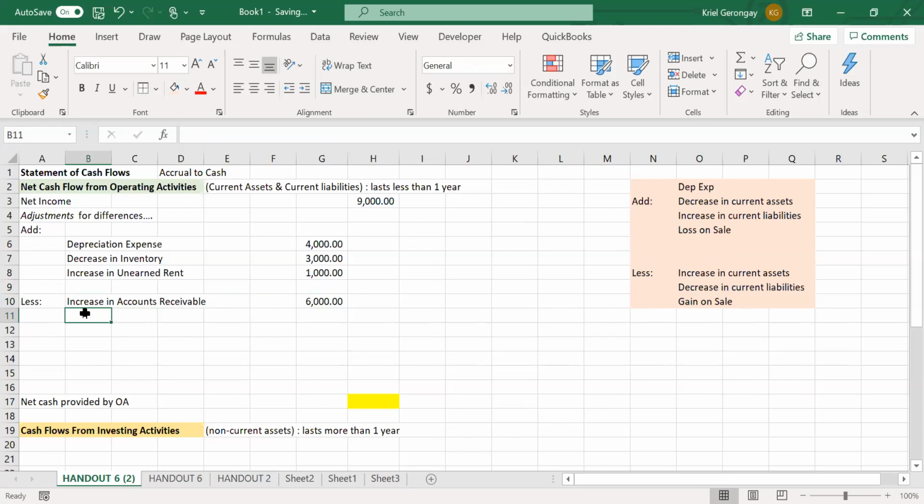Your supplies increased by 2,000 from 2019 through 2020. So increase in supplies. Basically here we're assuming that we purchased more supplies from 2019 to 2020, and that we paid cash for those supplies purchased.